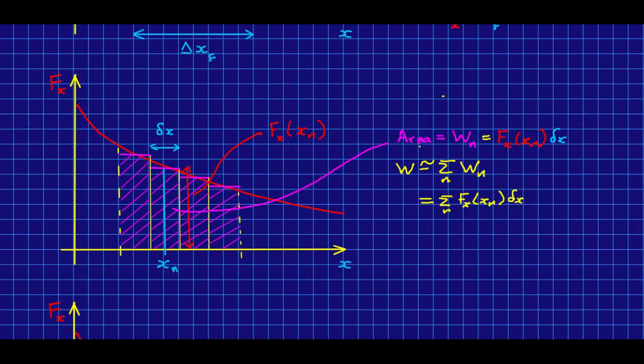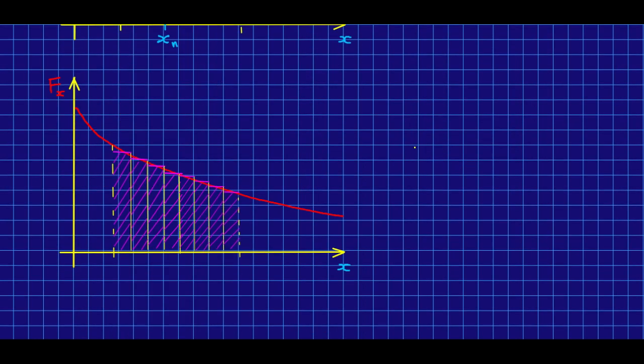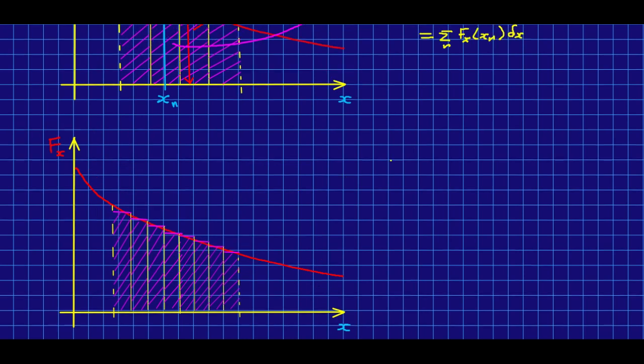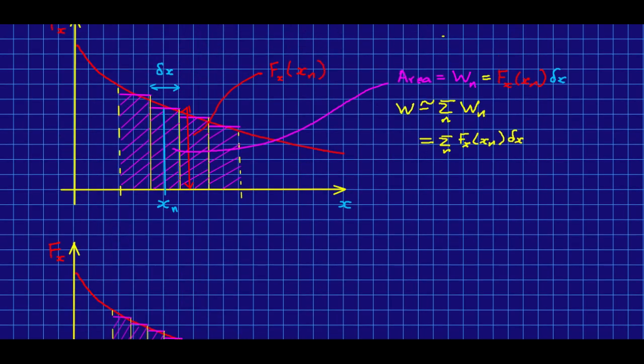Well, the final thing to do is to think of making the rectangles narrower. As we make them narrower, we expect that they become a much better approximation to the actual work, the actual area under this graph. And so we will approach the point where it is in fact equal to the work we're looking for if we take the limit as the width of the rectangles goes to 0 of this sum.